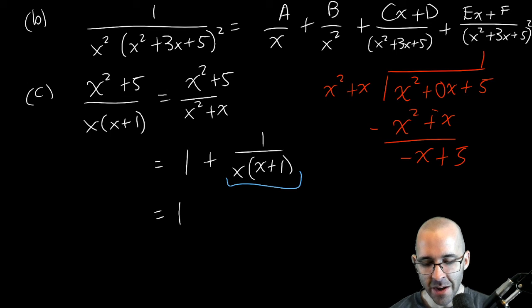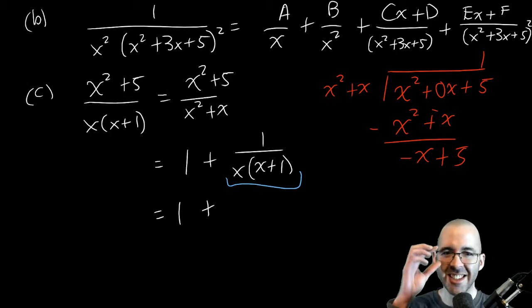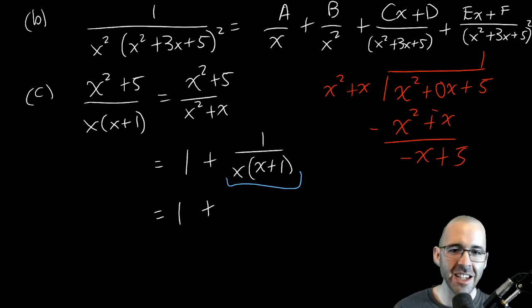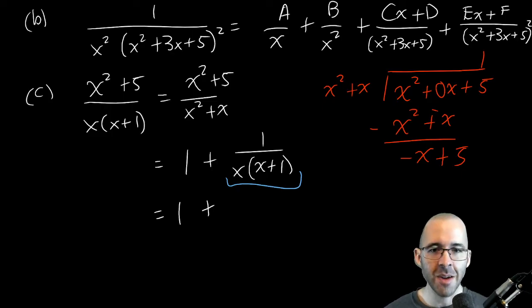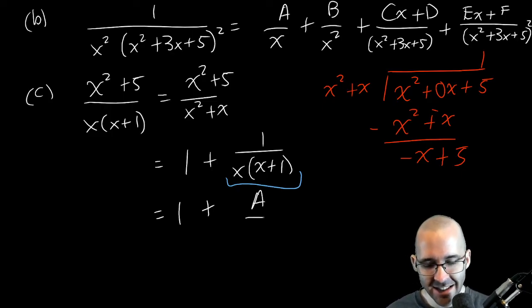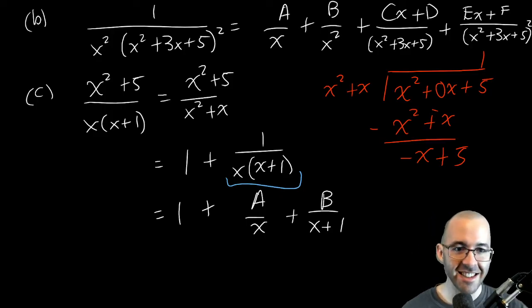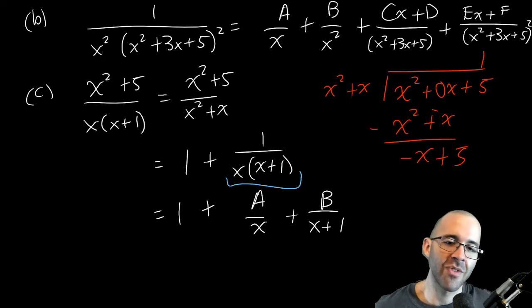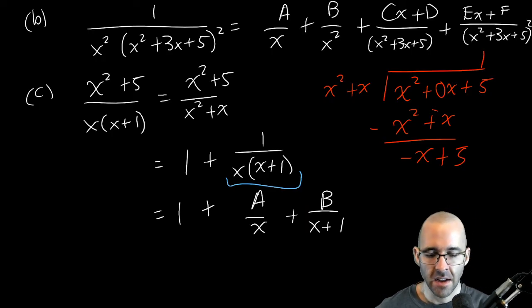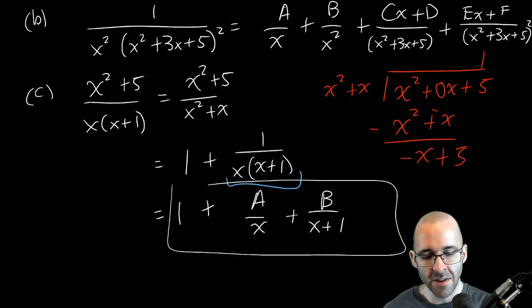So this is going to equal 1 plus whatever this new guy is. For a second, I thought I already did partial fractions, but we didn't. So it'll be 1 plus a over x plus b over x plus 1. We'll have to go off and do this. Okay, but again, we're just setting it up here. So this is the final answer to what I'm having you do.